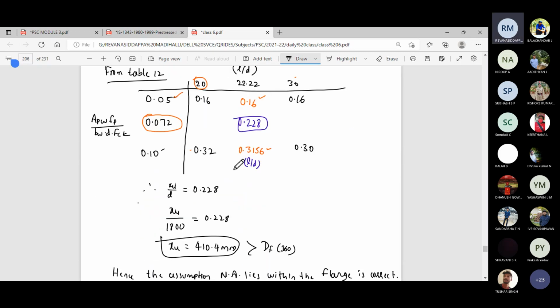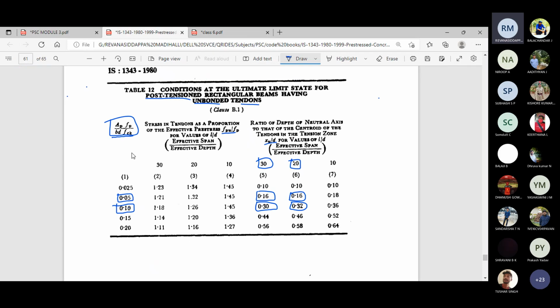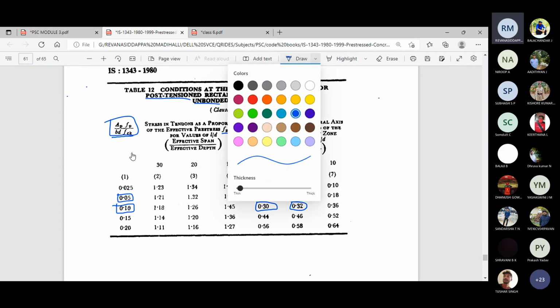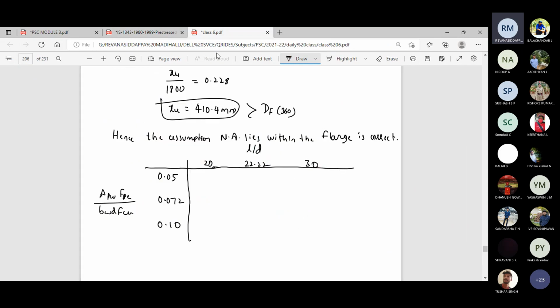Now just refer to the table. With respect to 0.05, when L by D is 20, the corresponding value is 1.32, and when L by D is 30, the corresponding value is 1.31.